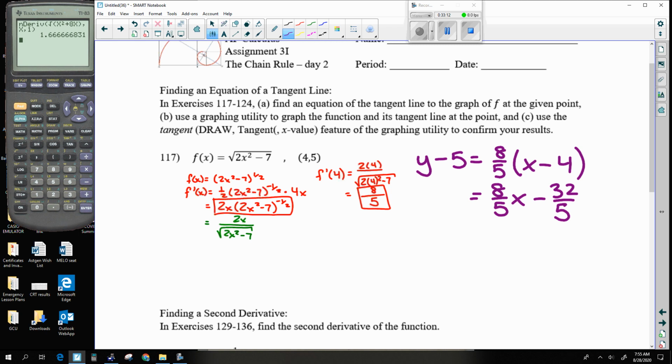Now I have to add 5, so that would be adding 25 fifths. That's what, maybe 7 fifths.